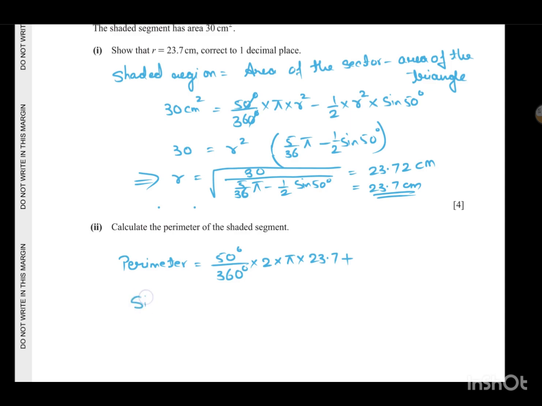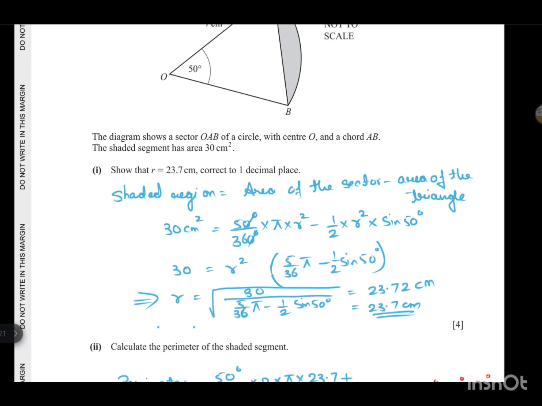Sine 50 by AB is equal to sine of the remaining angles. It's an isosceles triangle, so 180 minus 50 is 130, and each angle will be 65 degrees, since 130 divided by 2 is 65.